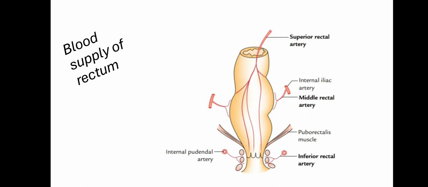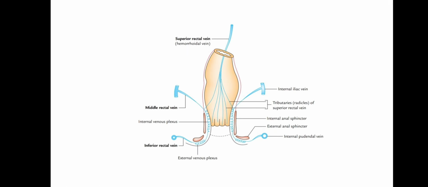Okay, we'll see about the venous drainage of the rectum and anal canal. We have two venous plexuses: the internal venous plexus, which is present in the submucosal layer, and the external venous plexus, which is present in the subcutaneous part.